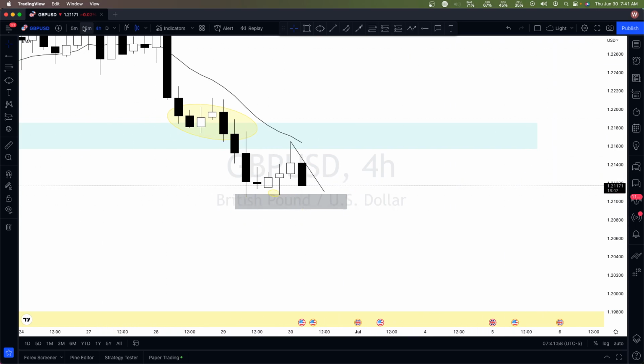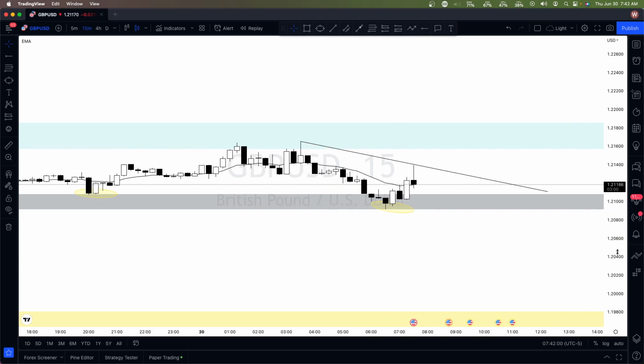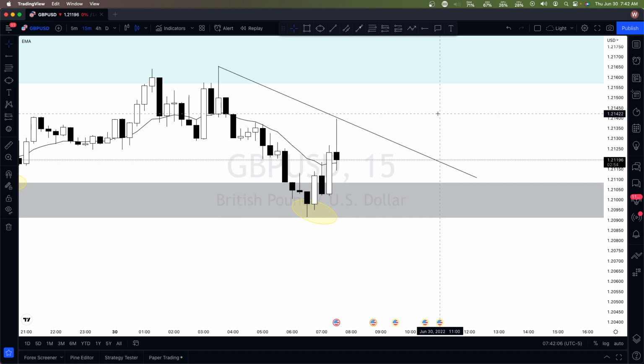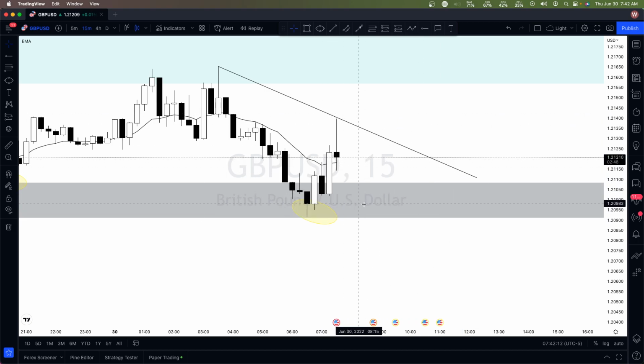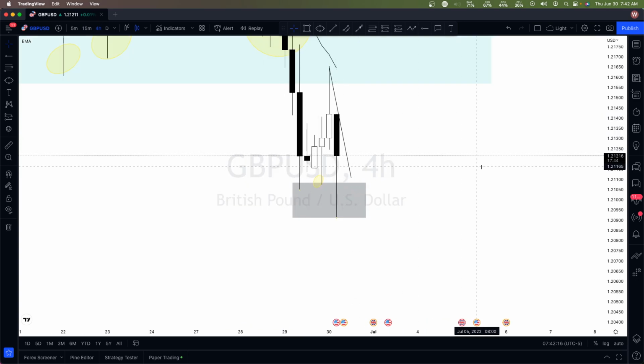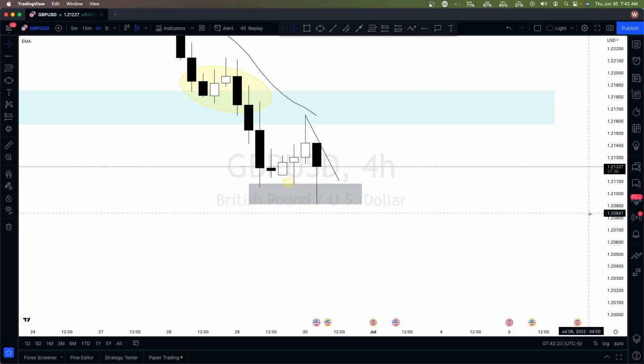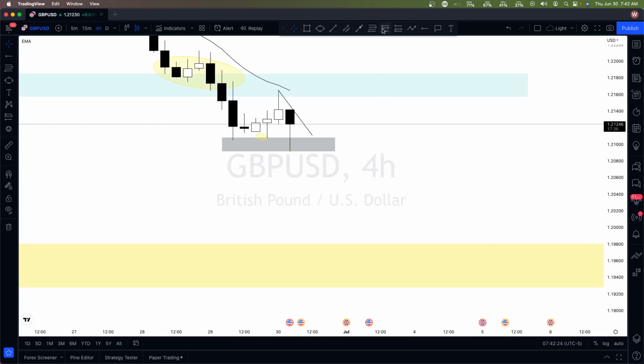That's our 4 hour. On the 15-minute, we are seeing the beginning of some sell movement. So my analysis is that on the 15-minute, we will soon be closing down this area again, or even below. We should be closing this 4 hour candle, which would be a nice sell setup. It is pushing up.